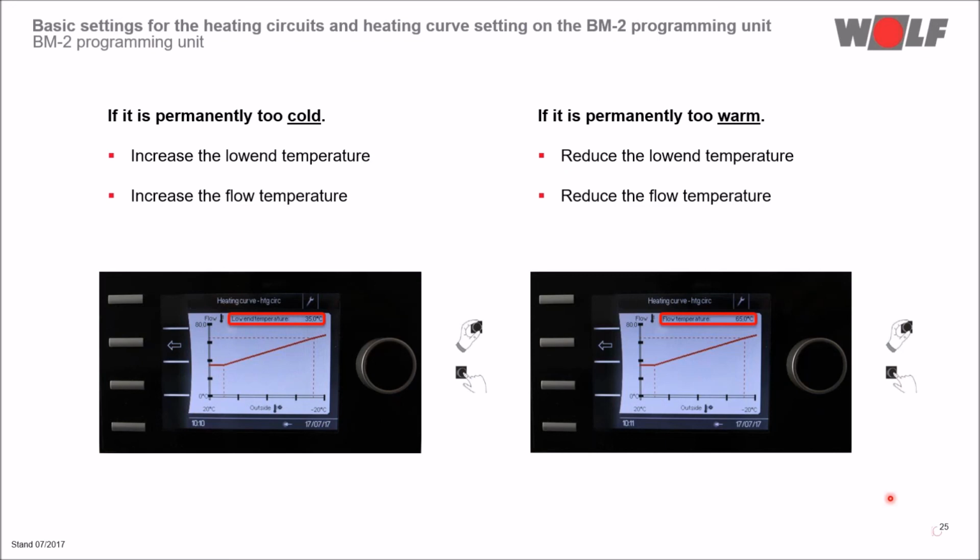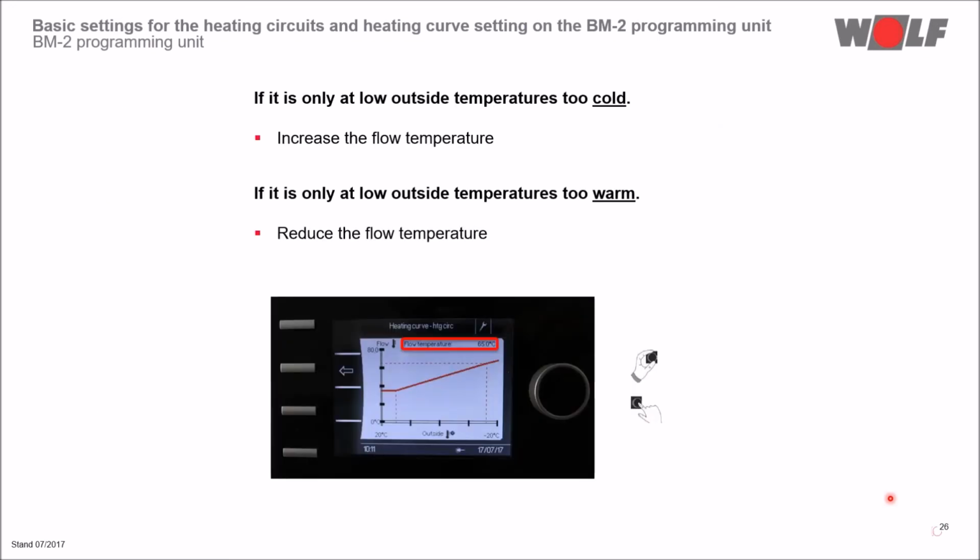If it's only too cold at low outside temperatures, increase the maximum flow temperature only. If it's only too warm at low outside temperatures, decrease the maximum flow temperature. In this way, the heating curve can be optimized.